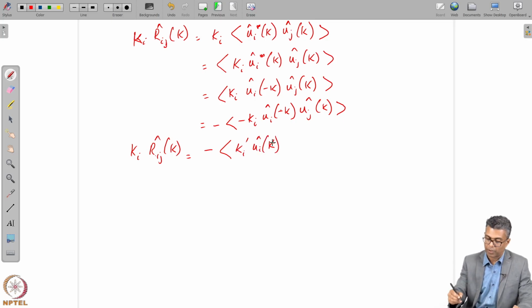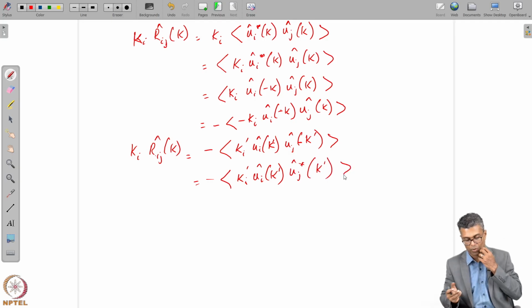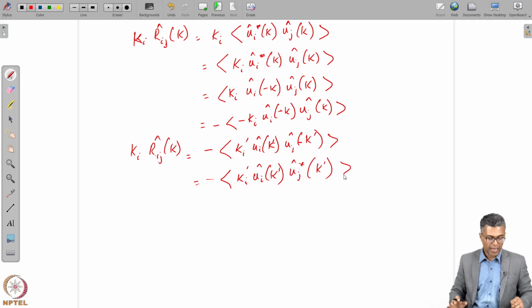So the minus kappa, I wrote it as kappa prime, and then a uj hat of kappa prime. Okay, and because this is kappa prime, it would be minus. And here I will write this as kappa prime ui hat of kappa prime, and then uj hat conjugate of kappa prime, isn't it? Because the minus can be written as just a conjugate. So everything I have written in terms of kappa prime.